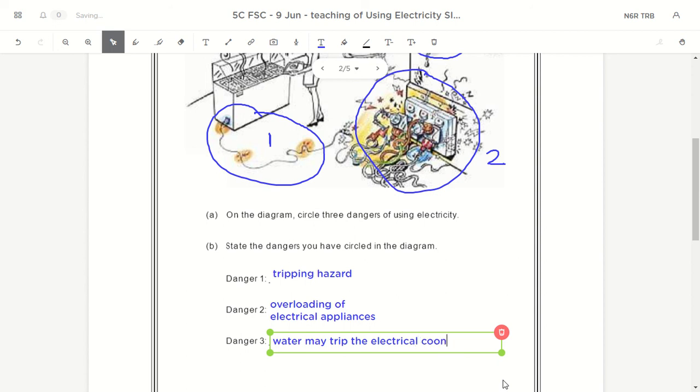So when the water drips onto the power point, it may trip the electrical connection, and as a result may cause fire, and that's what you don't want.